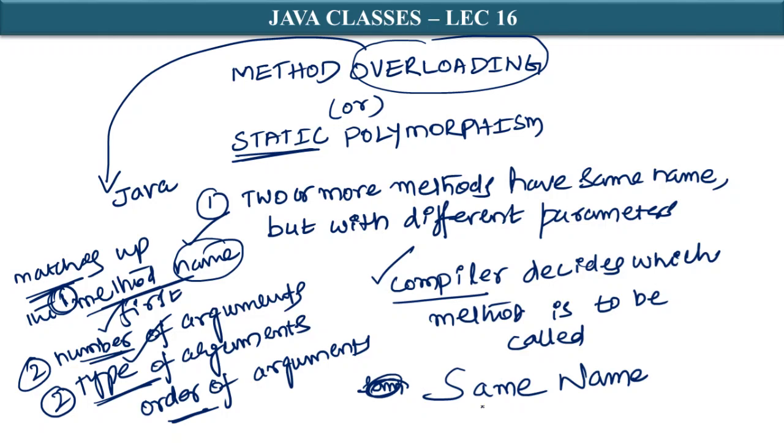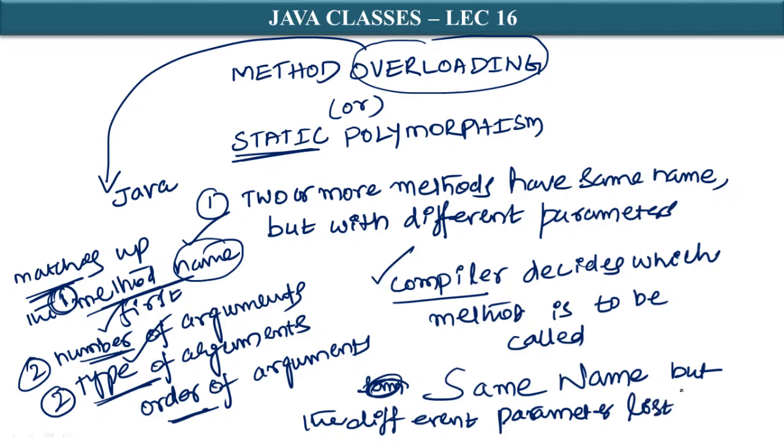But where is the difference? The difference is in the parameter list. The name is the same, but with different parameters. Yes, the difference may be either in the number or type of arguments.